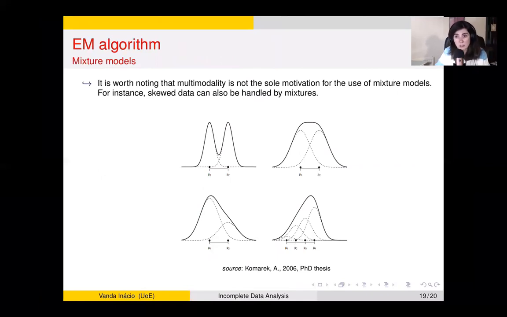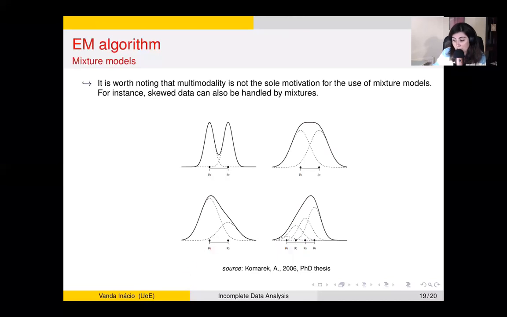There are still people working on how to fix this, but I wanted to warn you about this problem in mixture models. And finally, just to make the point that when we have different modes in our data, mixture models are an obvious choice, but in fact mixture models can be used even when we have skewed data, as in this example here.